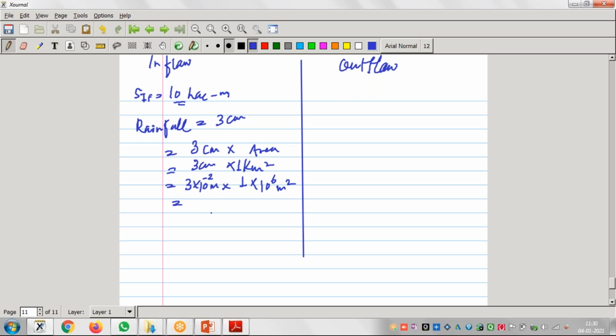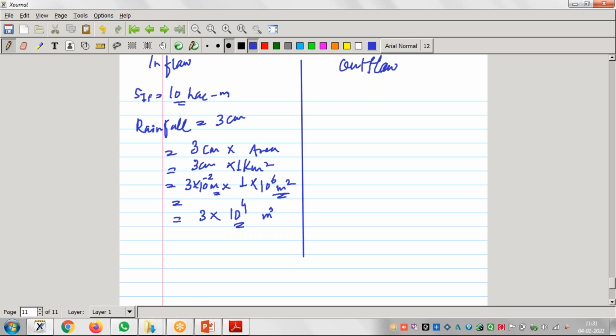So this is meter and this is meter square. Directly, if I solve, it will become 3 into 10 to the power 4, where meter times meter square gives meter cube.